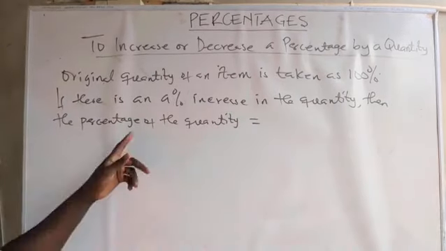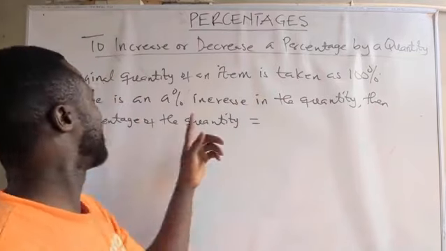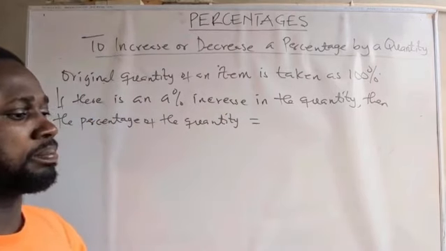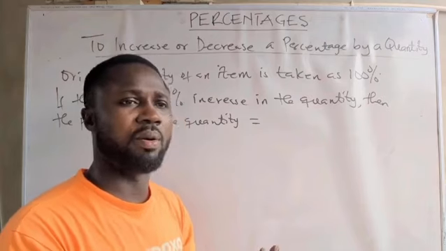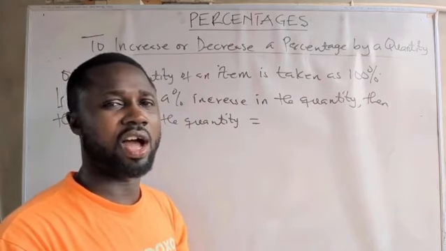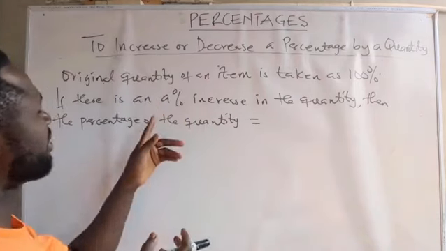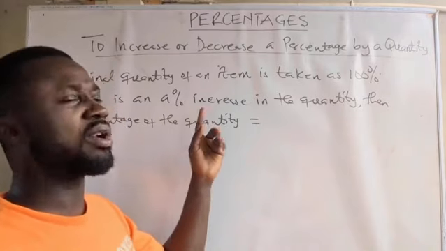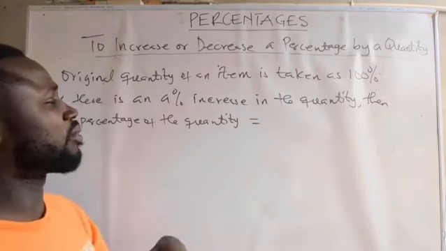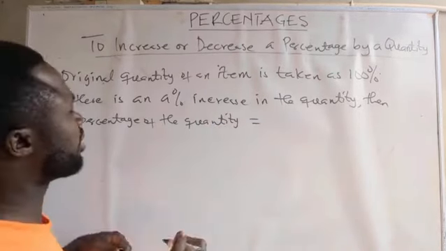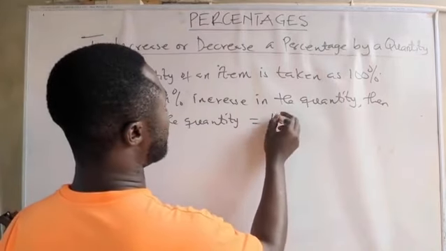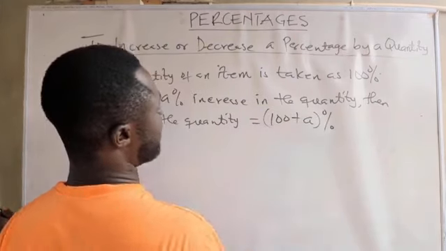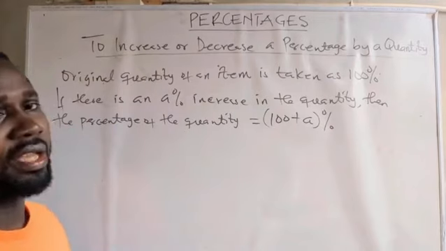So if there is an 8% increase in the quantity, let's say you have a book or whatever quantity you have, and you have increased it by a certain percentage, here I'm using 8%. Then what will be the percentage of the quantity now? The percentage of the quantity becomes 100 plus 8%.